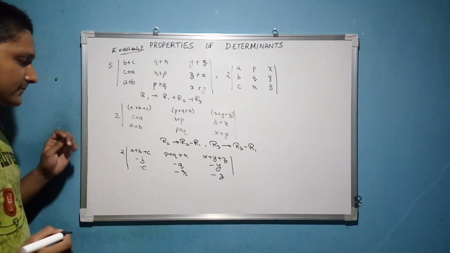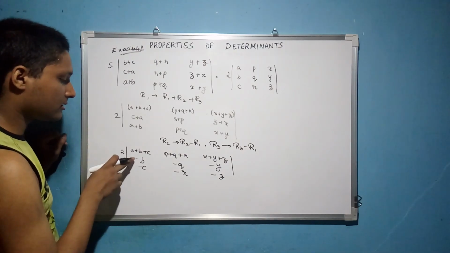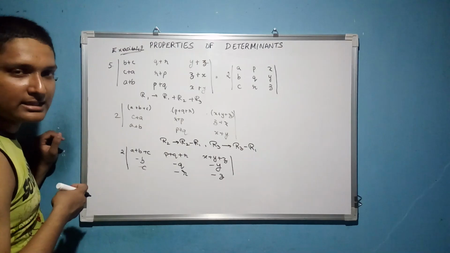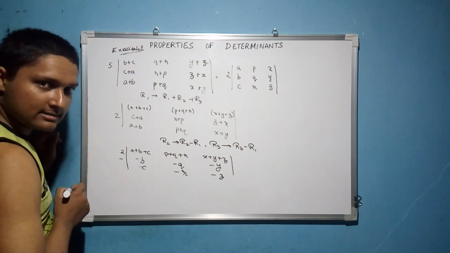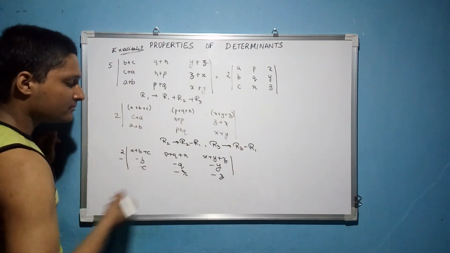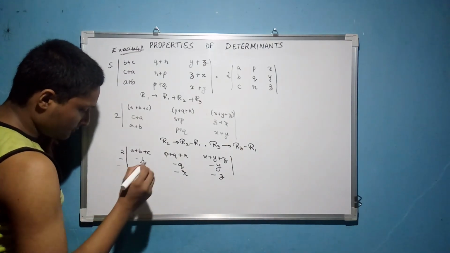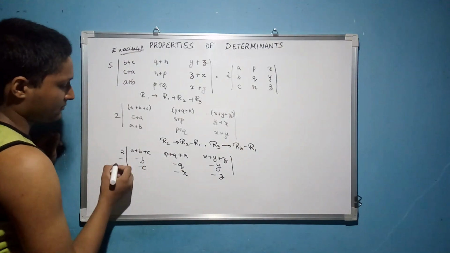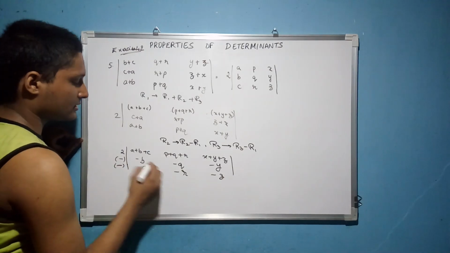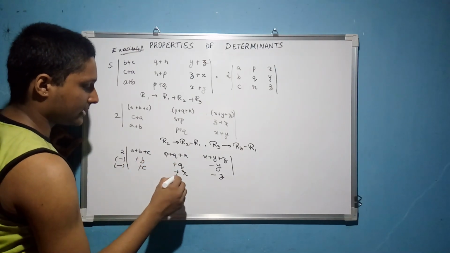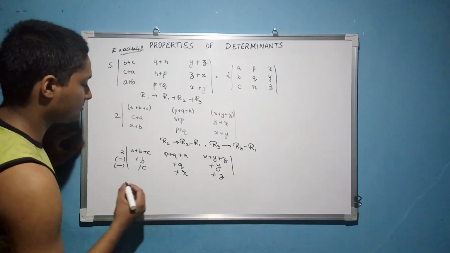This is all about this. So since all of them have the common factor minus 1, I can remove 1 minus here from the second row. Then from the third row, 1 more minus I can remove. So minus of minus. So 2 minuses I got. So I'll cancel off all this and make this plus. Okay.